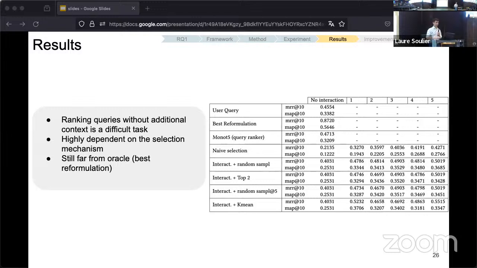We can see that the random sampling model, which basically samples two queries from the pool at each turn, doesn't have a very consistent performance, and we are still far from the Oracle model.